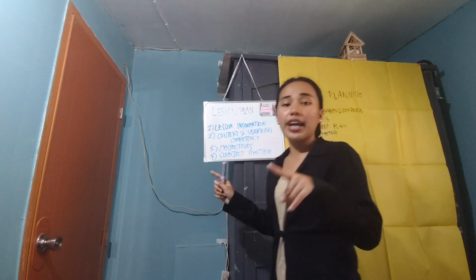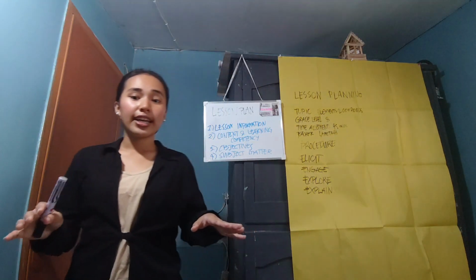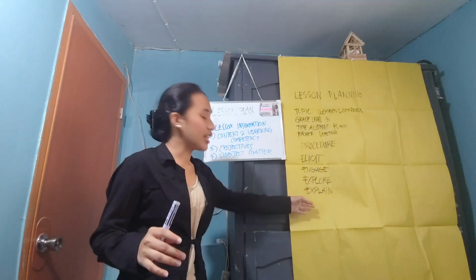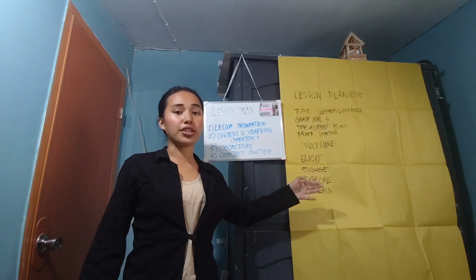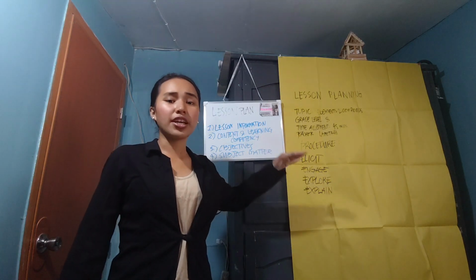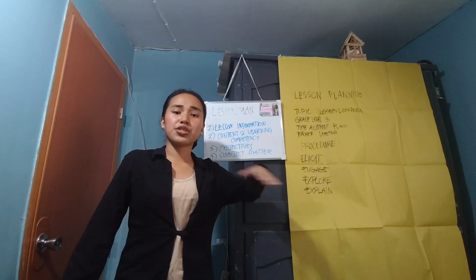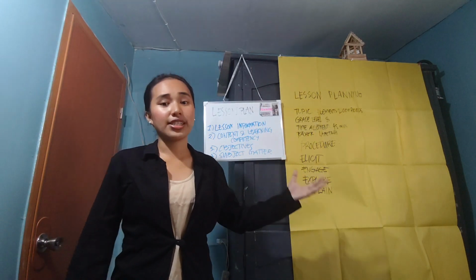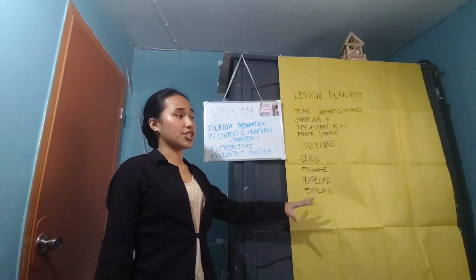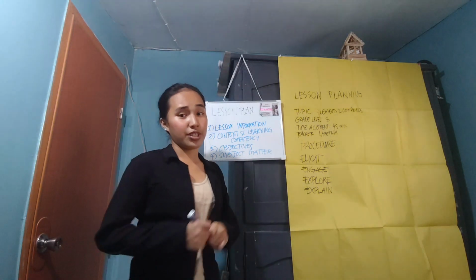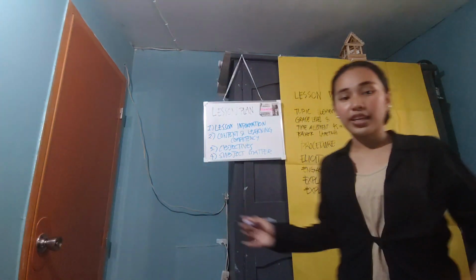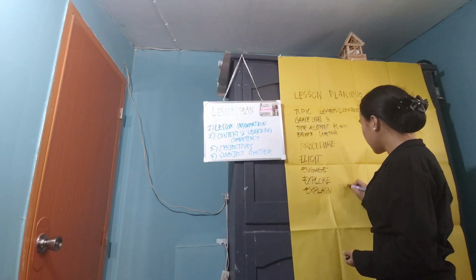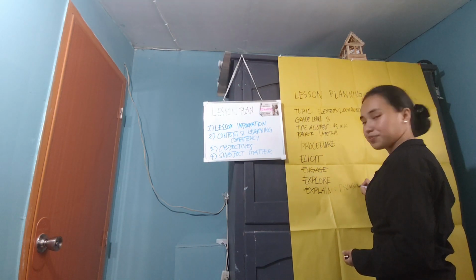Students present their answer and the teacher clarifies the misconceptions. So that is the explain part. This stage actually strengthens the conceptual understanding of the students. So, in short, explain is the discussion.